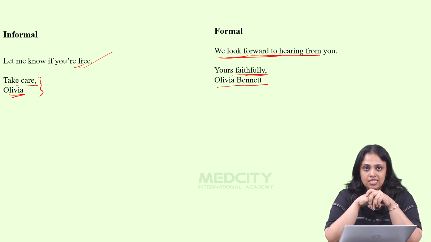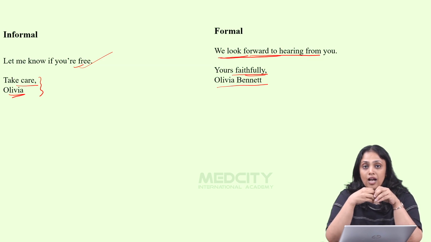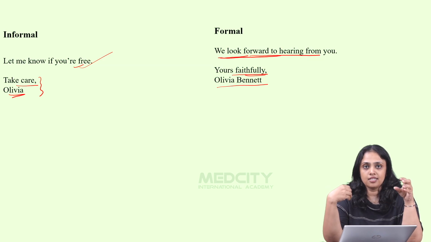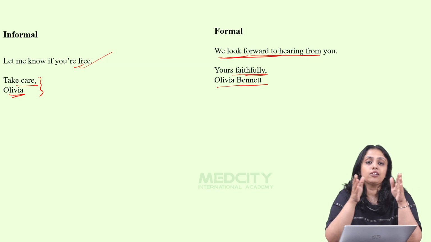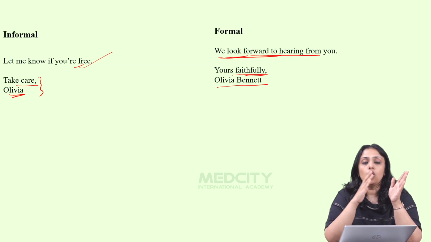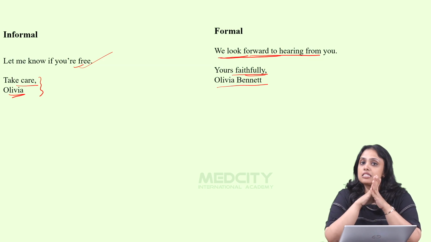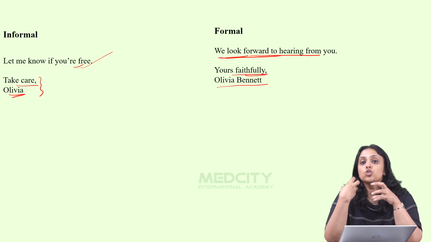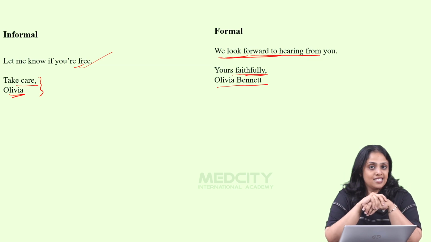The context for writing the letter will be provided to you, and the ideas based on which you have to build the letter will be given as bullet points, and you can use these cues to develop the 3 body paragraphs. The structure for all of these 3 types of letters, whether formal, informal, or semi-formal, is the same. The difference lies in the tone of the letter and the vocab used in developing the sentences.